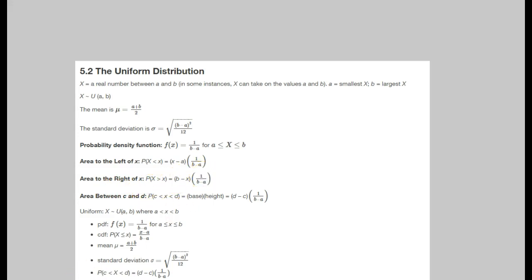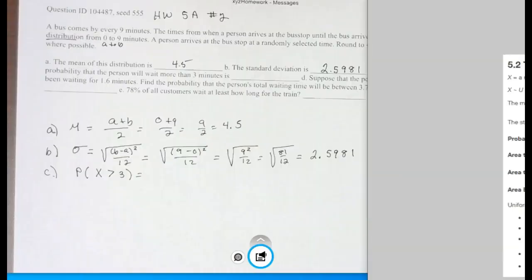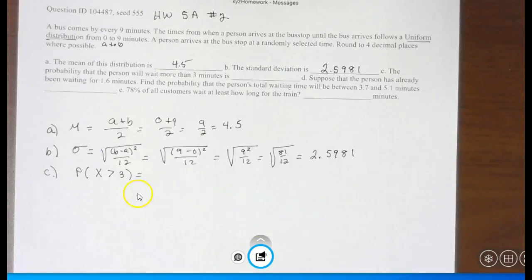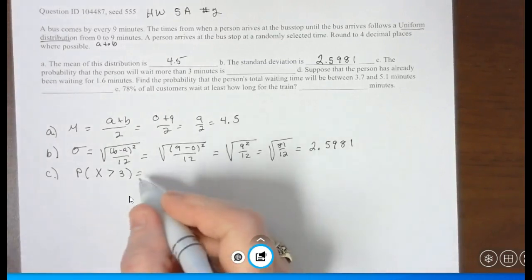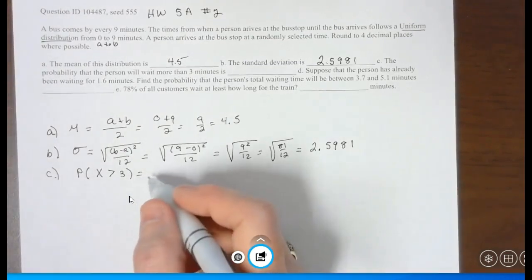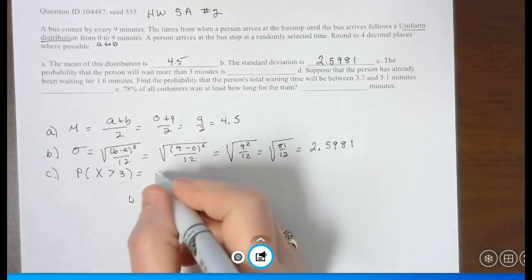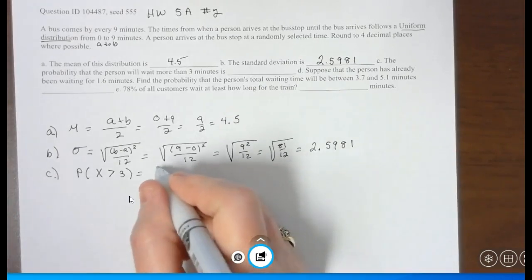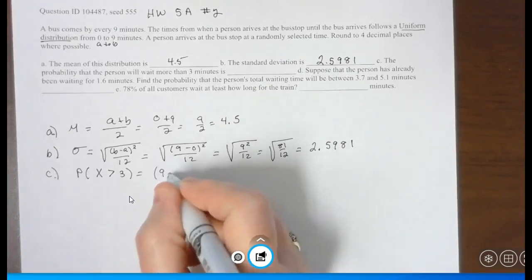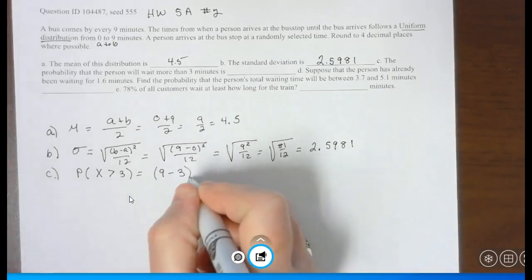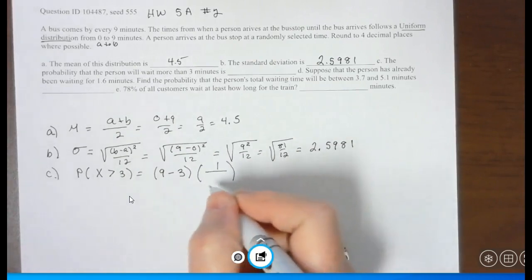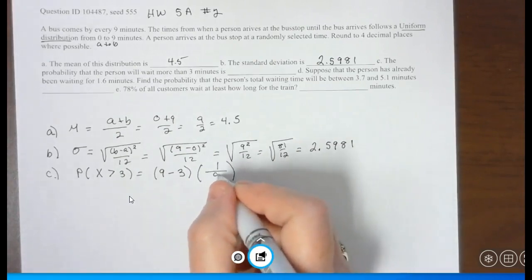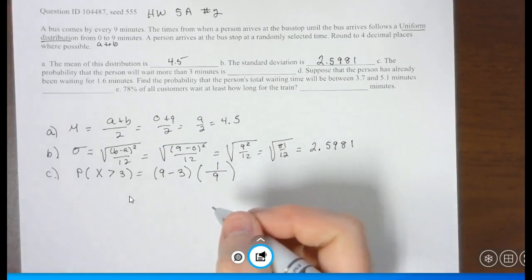So according to what I just showed, greater than 3, we're going to take b minus x, so that's 9 minus 3, times 1 over b minus a. Well, b minus a is 9 minus 0, which is 9.